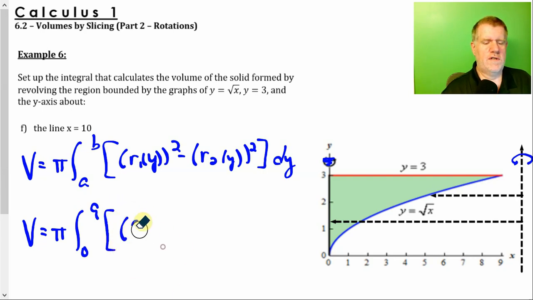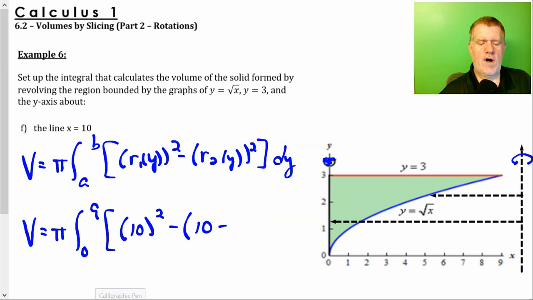That's 10. The distance from here to here is 10. Minus, what's the distance from here to here? Remember, the whole distance from there to there is 10. And I'm taking away this part. Remember, we're using it in terms of y. That part is really y squared.